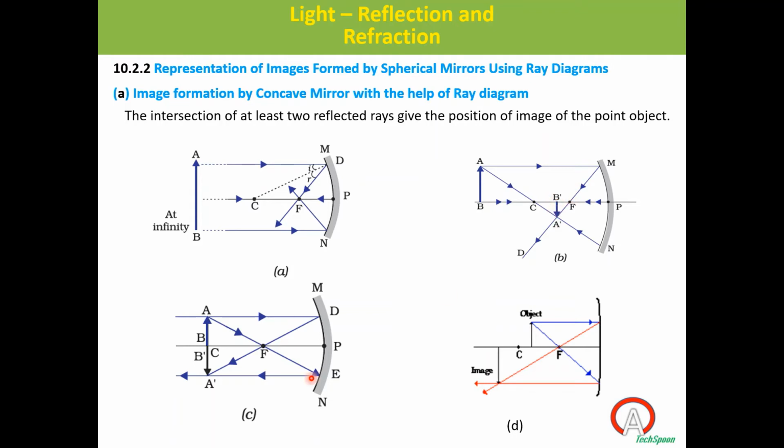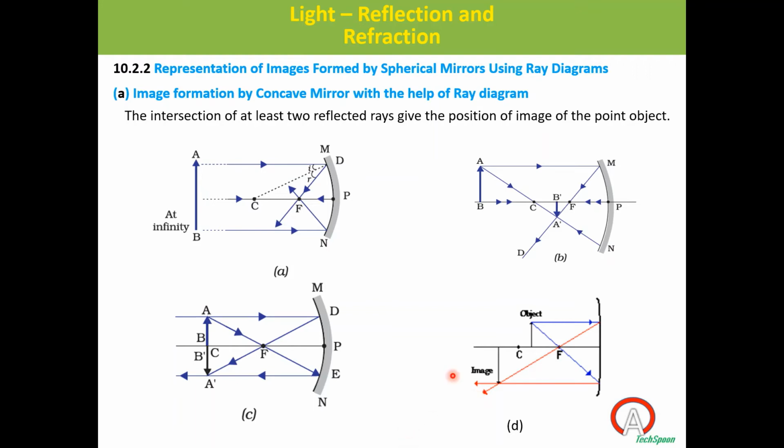So you found the position and whether the image is inverted or erect. The third point is you need to find whether you will get the same size, reduced size, or enlarged size. The size of the image also you have to find.